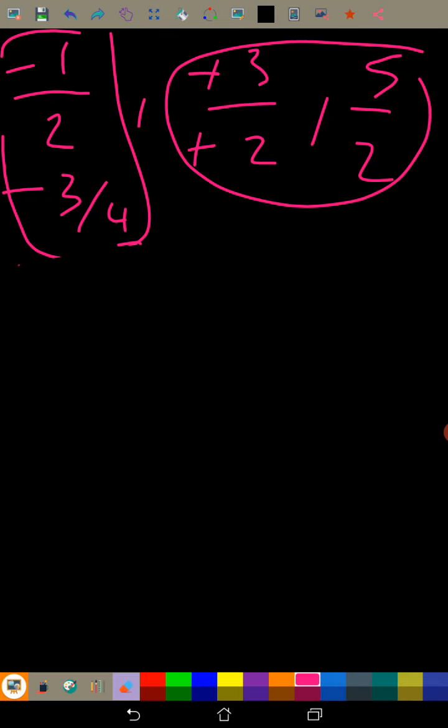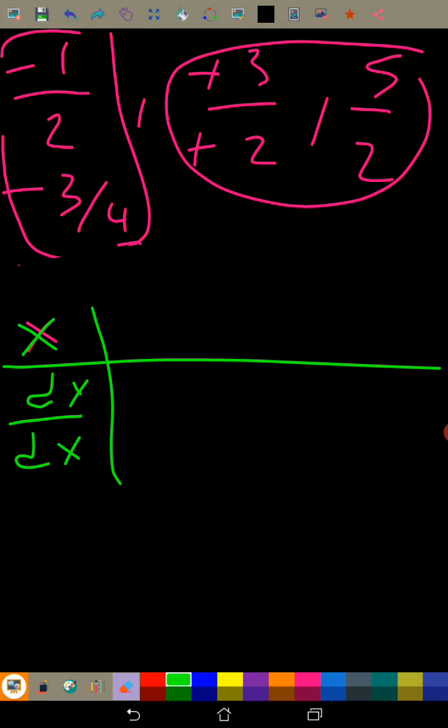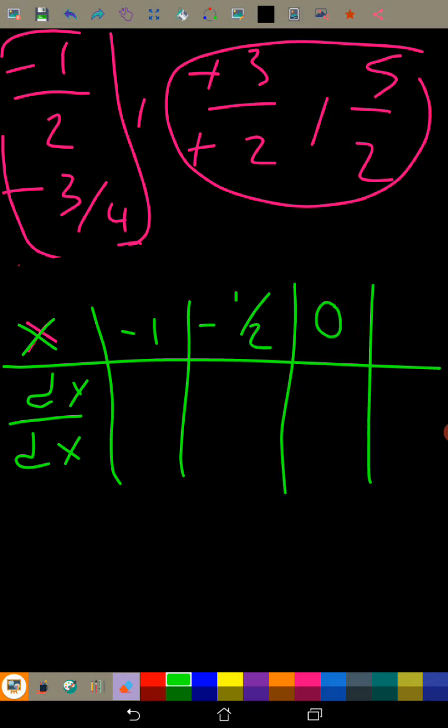You can make a table here. I have x, and then I have dy by dx, and I can throw a lot of values here. For example, minus 1, minus half, and then 0, and then 3 over 2, and then I can just put something like 2 here, anything.